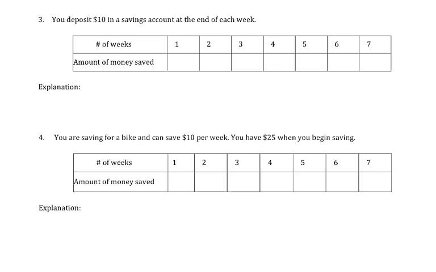All right. Number 3 says you deposit $10 in a savings account at the end of each week. So at the first week you'd have $10 because at week 0 you'd start out with no money. And then 20 because we're adding 10 each time, 30, 40, 50, 60, 70, and so on. And then 4, you are saving for a bike and can save 10 per week.